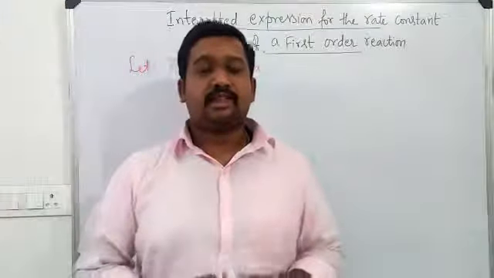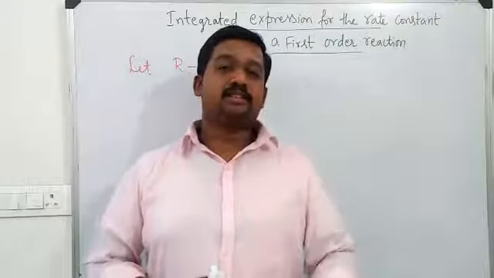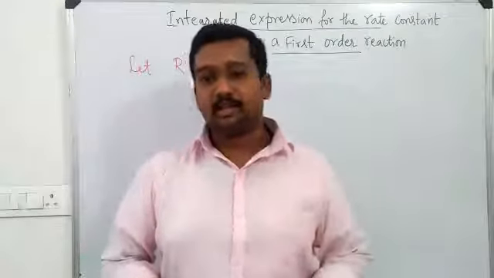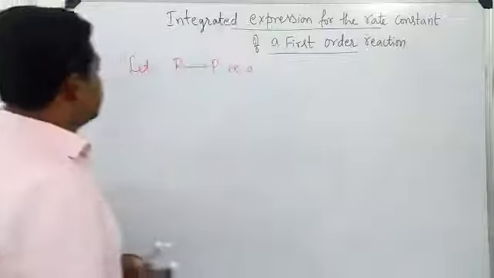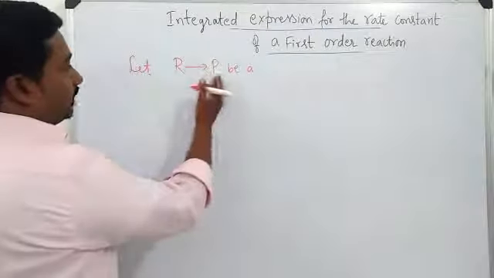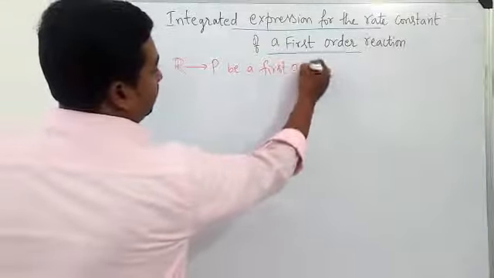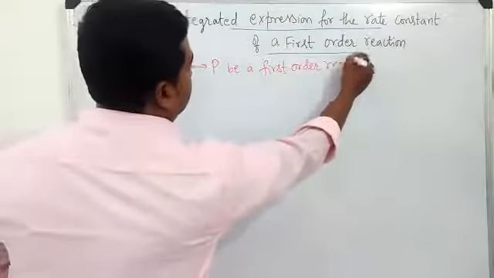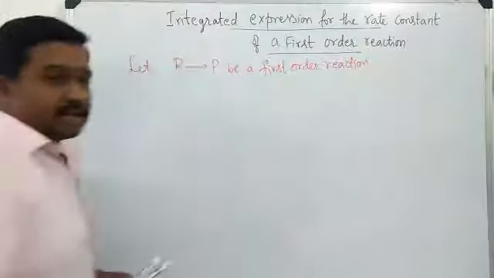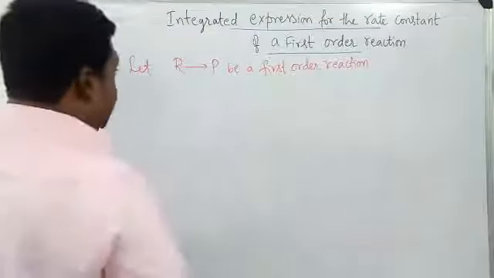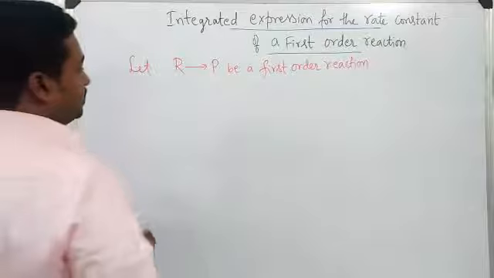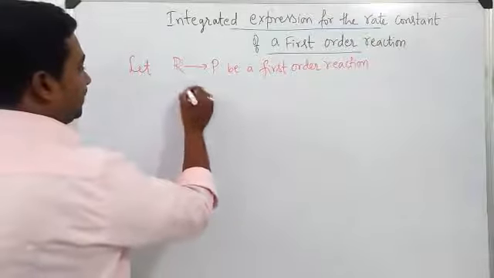Now let us derive the expression for rate constant of a first order reaction. On the same lines the derivation goes, only extra terms will be involved in this. Let's see. Let R gives P be a first order reaction. So this time I have taken this reaction as a first order reaction. Therefore, I can write the rate expression in two ways as we did earlier.